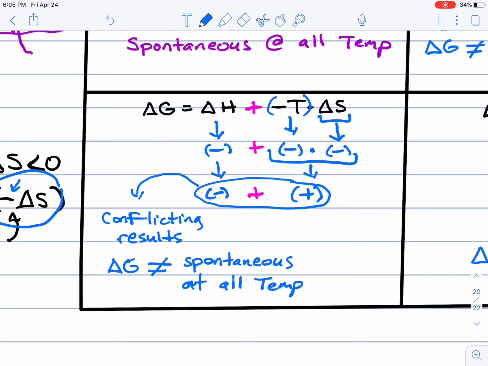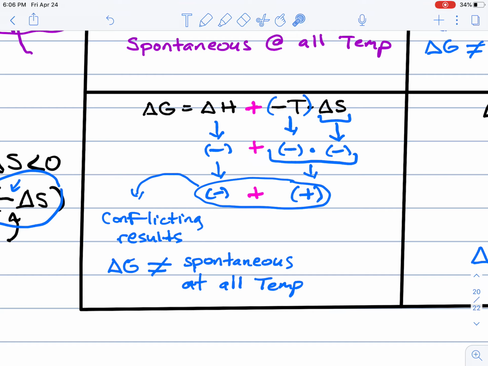It doesn't mean that delta G will never be spontaneous, but perhaps there is a specific temperature that will allow it to be spontaneous if we have these conflicting signs. And so let's go ahead and look. We know that we cannot fix enthalpy and we can't fix entropy. That's something that's intrinsic to that chemical reaction. The only thing that we can change is temperature.